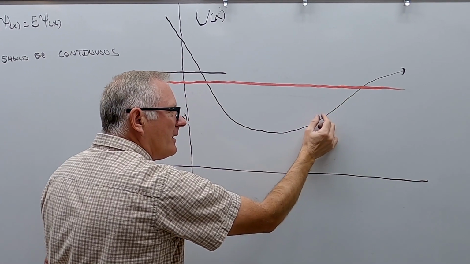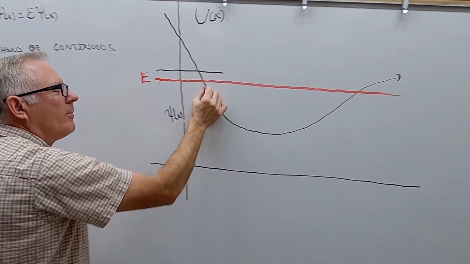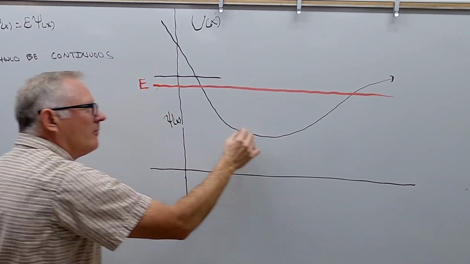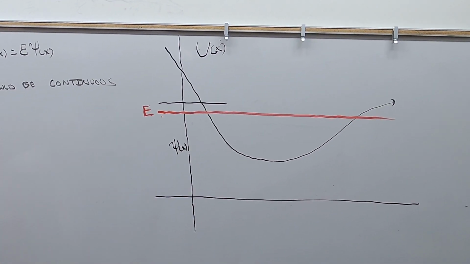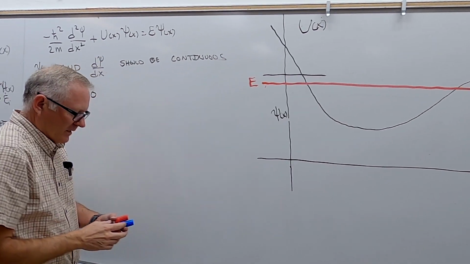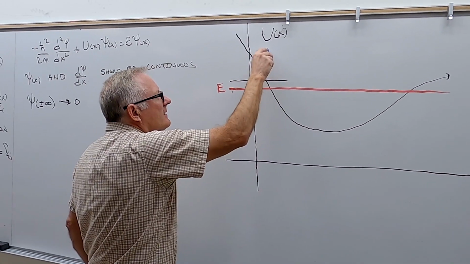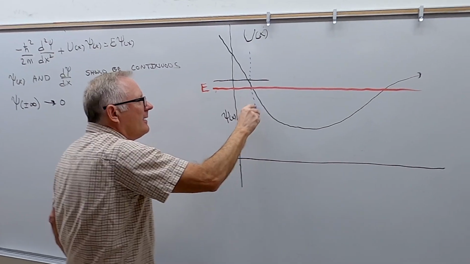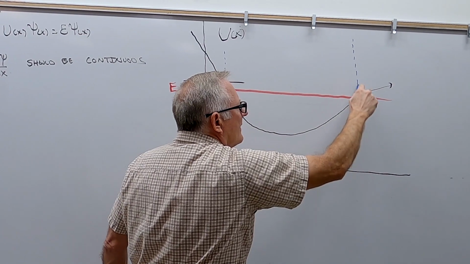He'd drop a little bit, pick up some speed, and then he'd come over to here, and he'd just oscillate back and forth. He couldn't make it up out of that because he doesn't have enough energy. He's only got this much energy right here. And right where these two cross, I'm going to put a dash line down here. Another dash line down here.